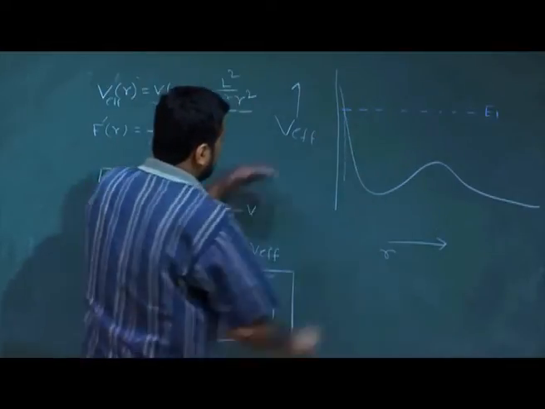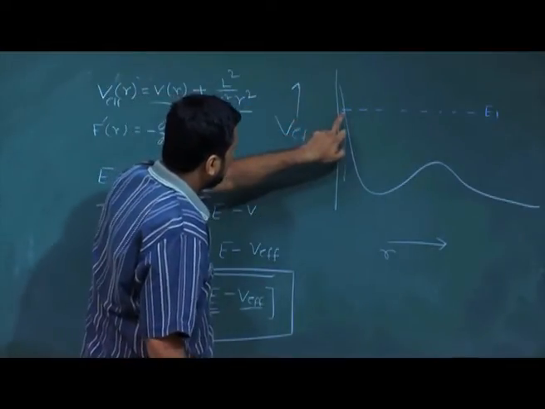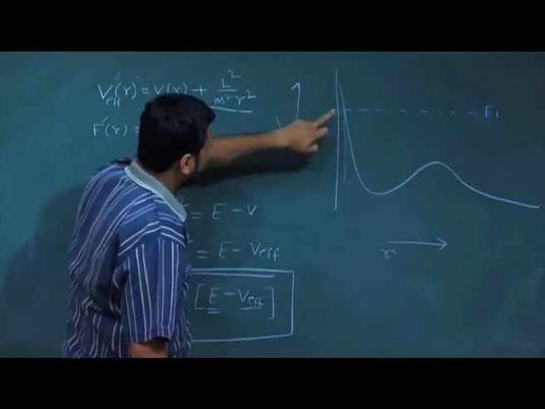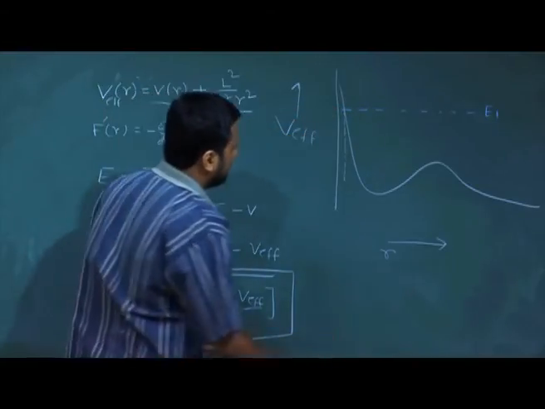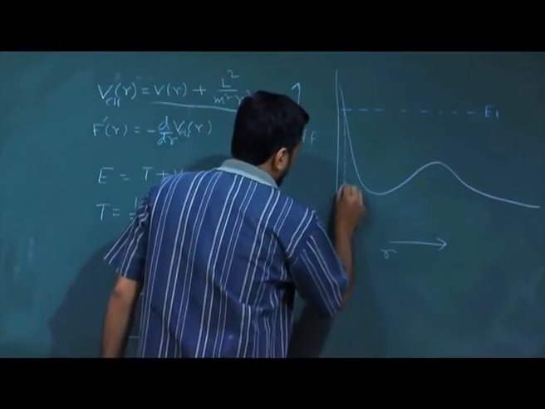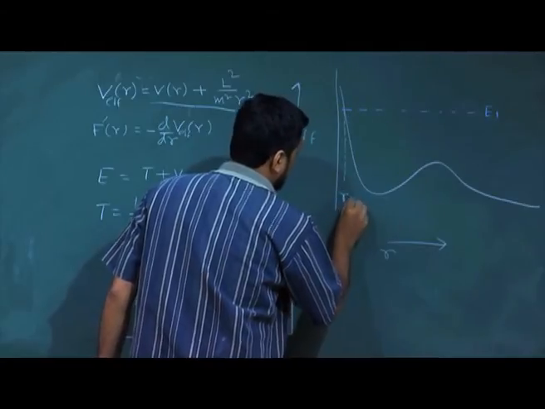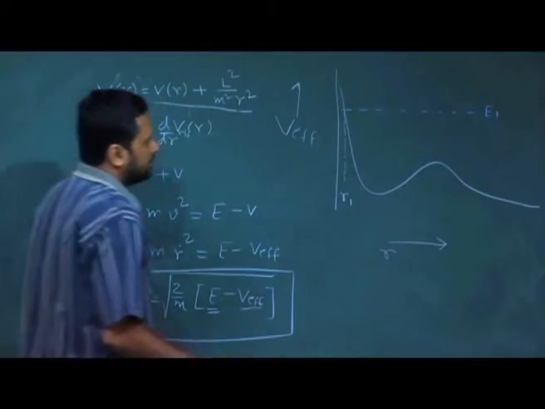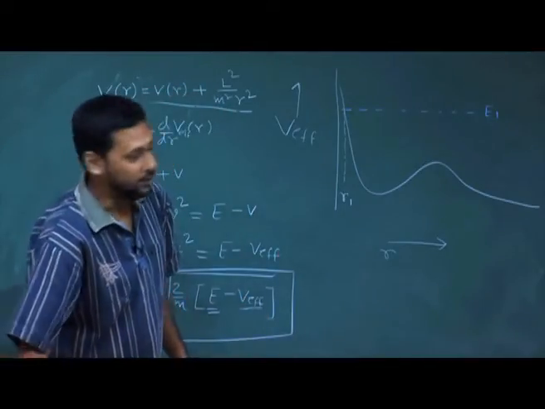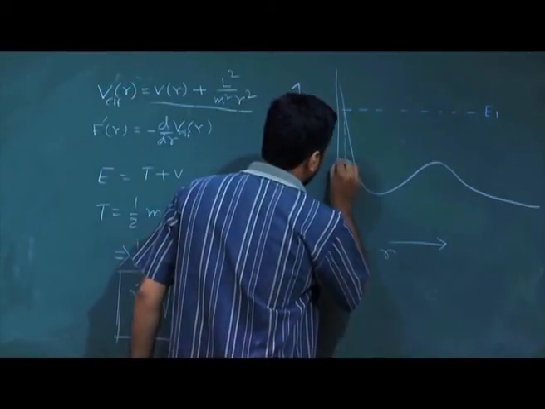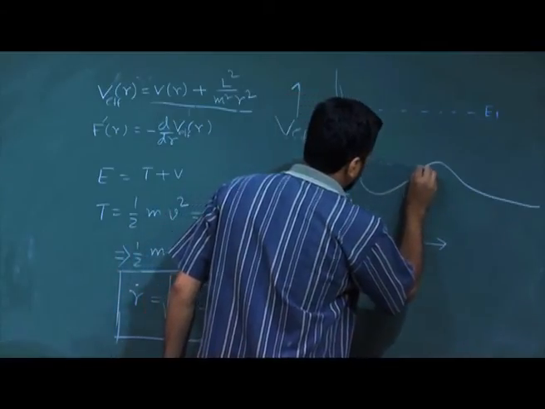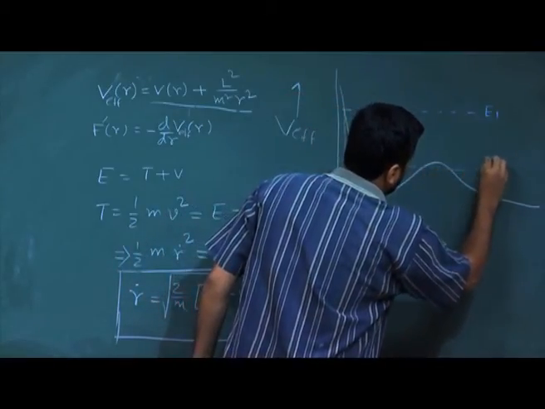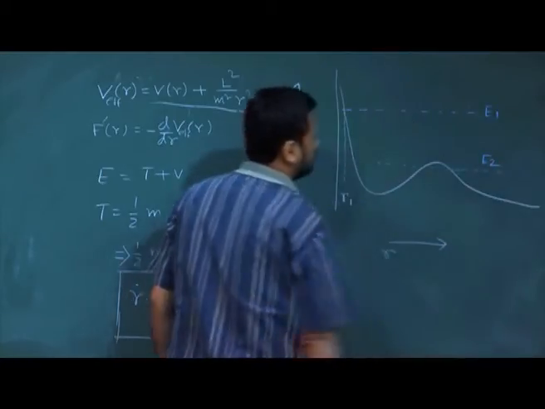This energy, I am just taking the intercept of this energy value with this effective potential. The point, we call it R1. Now, let us assume another energy value. Let us say we lowered the energy value to a level which is given by E2.